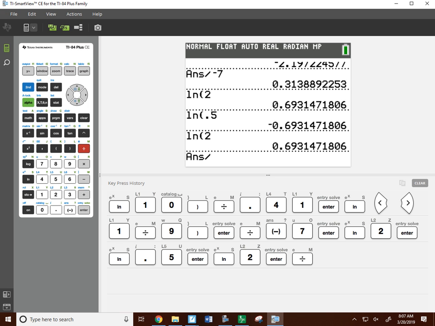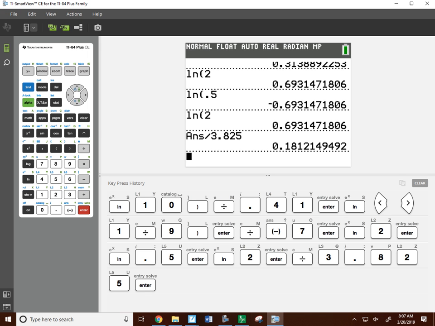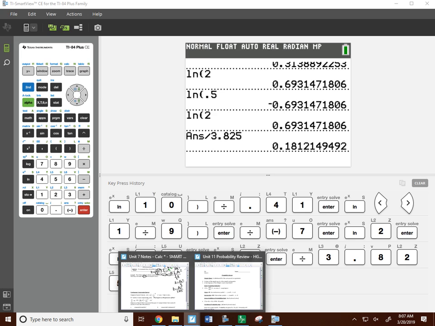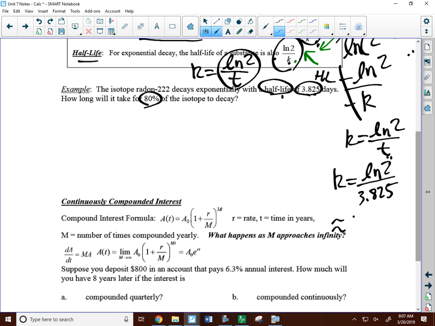Divided by 3.8, so I'll use that in a second, about 0.181. I want to show you, if you had forgotten this formula, no worries. You would just set it up like this.